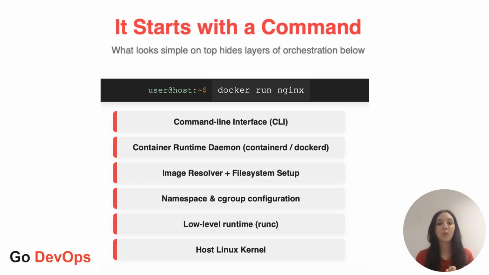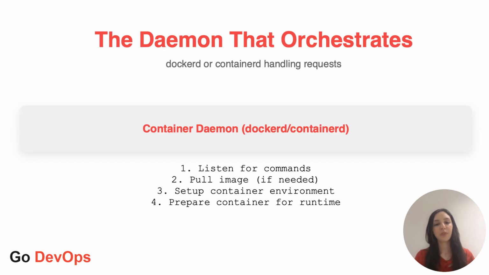So we'll break down how the seemingly simple command kicks off an entire orchestration sequence, starting from the command line and going all the way to the kernel, ensuring the container gets the resources it needs to run.